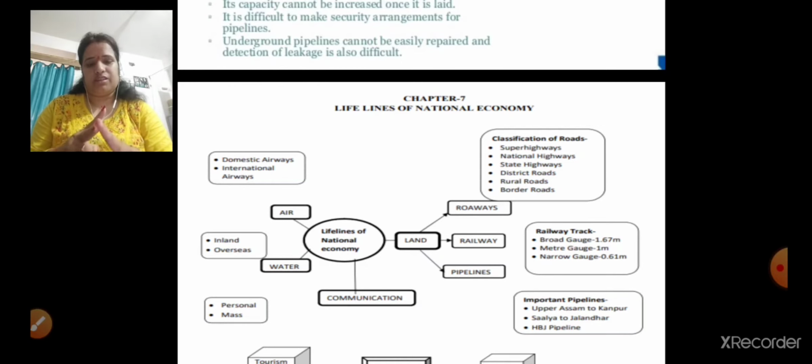In the modern age, in today's era of technology, when we want to connect with people, we go through communication. When we are moving from one place to another, we need transportation. So in every step, every moment, we are connected with each other through transportation and communication. That's why these two are the lifelines of the national economy.